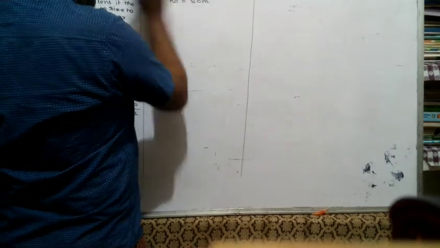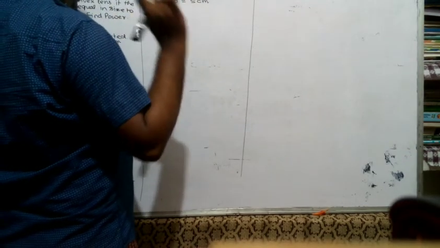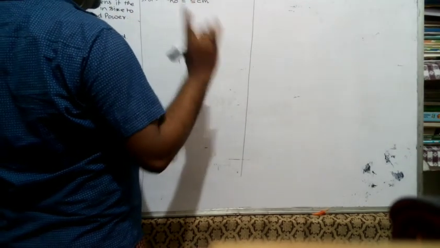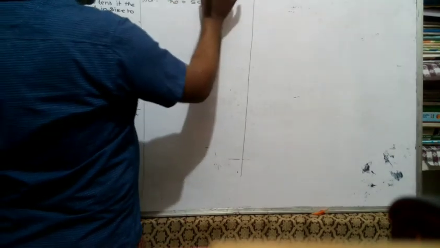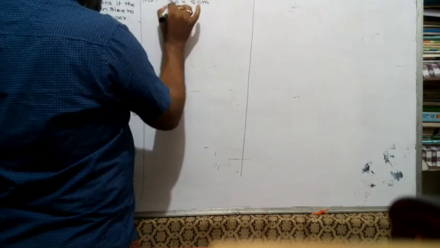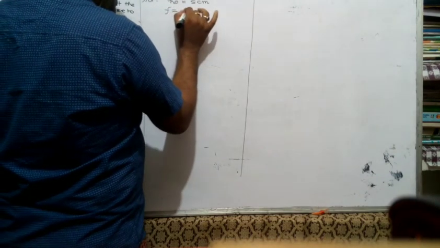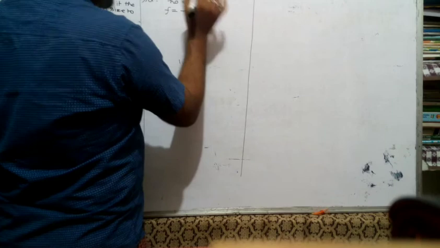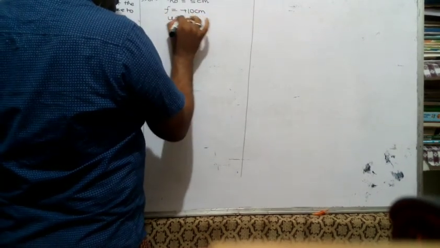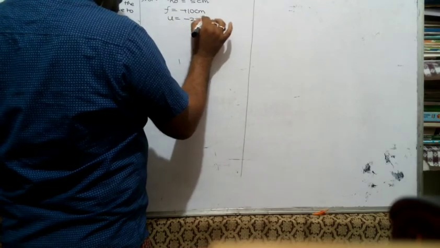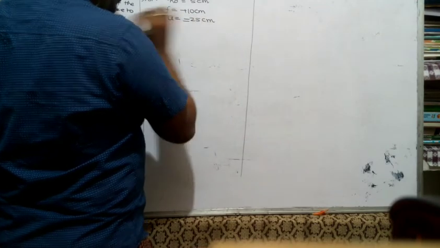What type of lens? Converging. And you know, converging lens, another name is convex lens. So lens is convex. Its focal length is 10 centimeter. So focal length is plus 10 centimeter. And where is the object placed? 25 centimeter. So U is equal to minus 25 centimeter. Always put the minus sign.